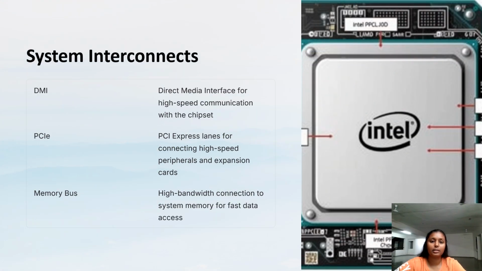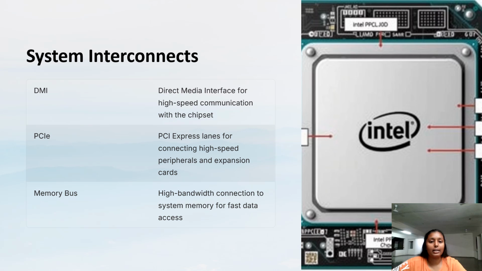System interconnects. It uses various system interconnect technologies to facilitate communication between the CPU, memory, and other system components. These interconnects are critical for ensuring high performance, efficient data transfer, and overall system responsiveness.